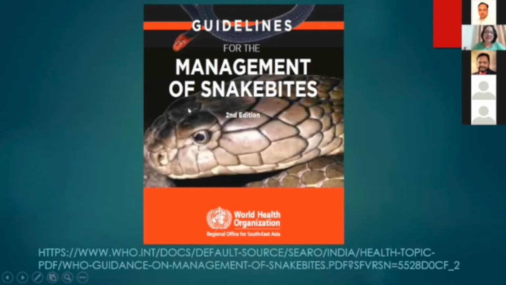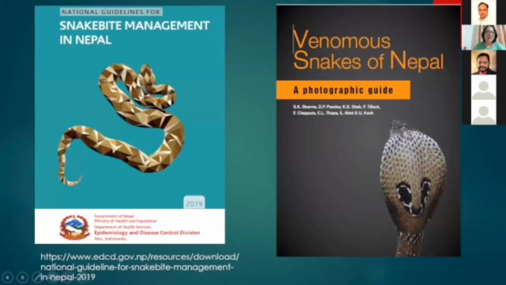I think we all are quite familiar with this excellent guideline by WHO regarding the management of snake bites. And in Nepal also we have a national guideline on snakebite management. It was published in 2019 by the Department of Health Services, by the Epidemiology and Disease Control Division. And we have been managing our cases with this booklet as the base.